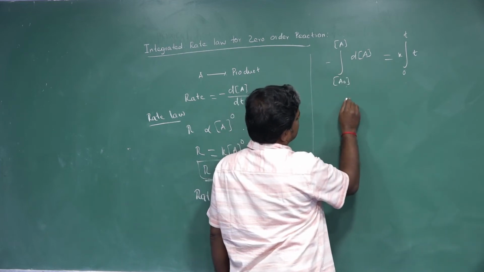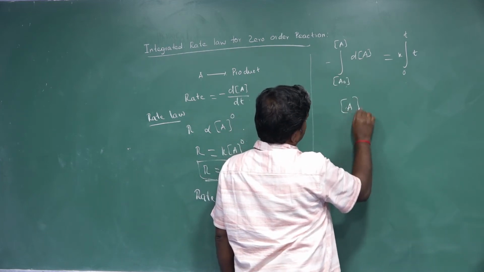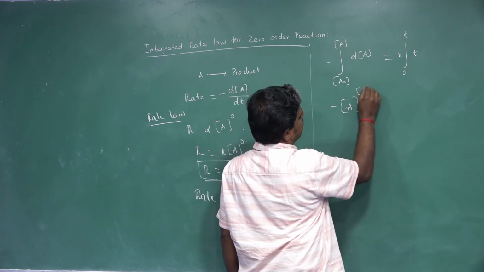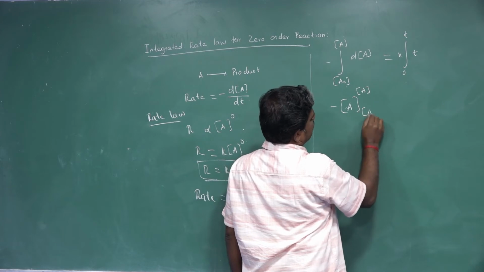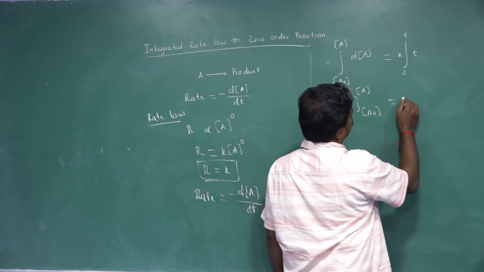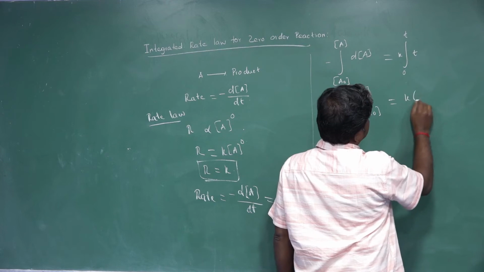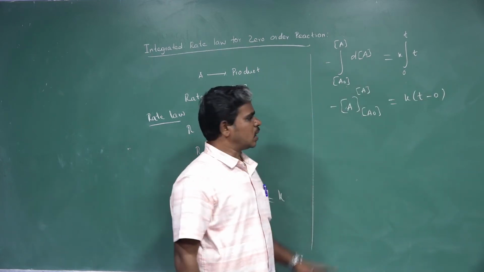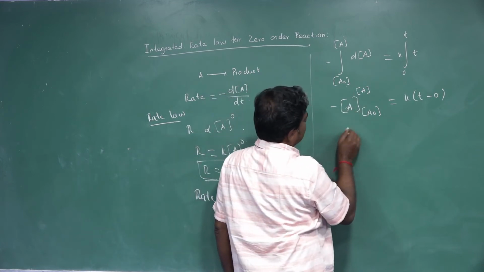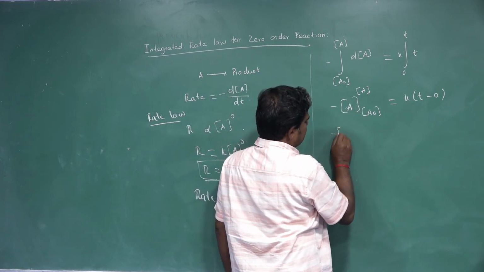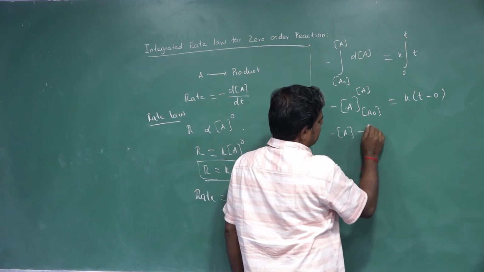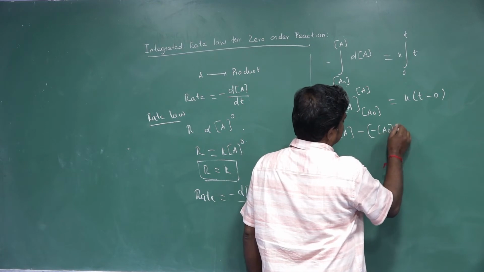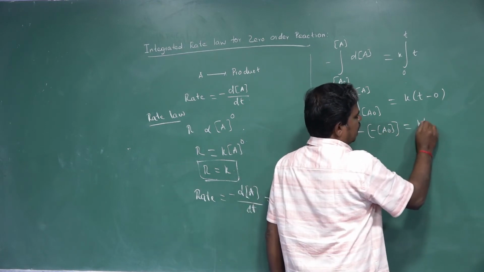Now we take here concentration of A with the negative sign, between A and A naught, which is equal to k into t minus 0. Now we are taking minus [A] minus minus [A] naught, which is equal to k into t.